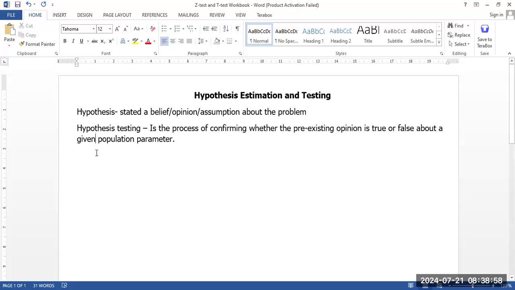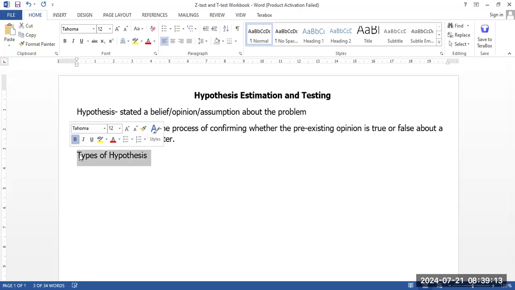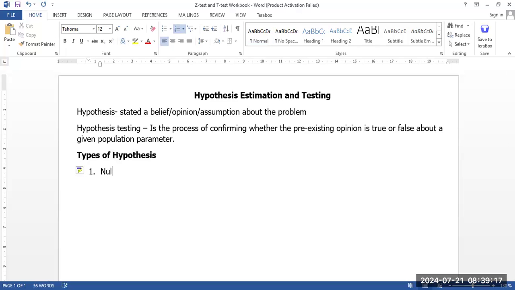And we said that we have types of hypothesis. Who can recall these types? Number one is the null hypothesis.